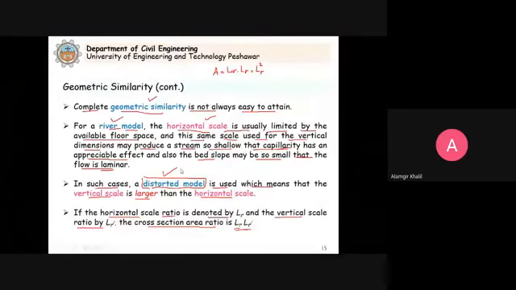So this is how we do it. Clear? We ensure geometric similarity, but if it is not easy to attain, then in that case we have the option that we can use a distorted model, and still we will be able to predict the performance of the prototype.